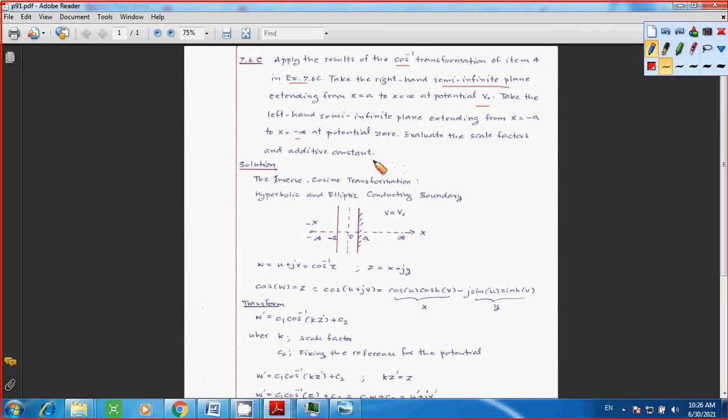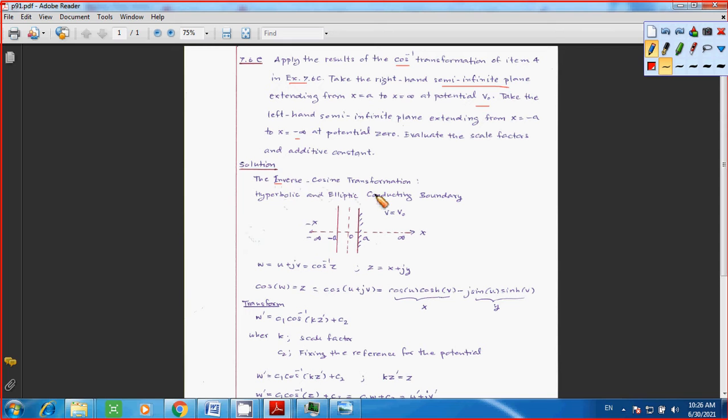Okay, let's take a look. You have the semi-infinite planes. So you have one plane at a extending to infinity, and the other one at x equal to negative a extending to negative infinity.